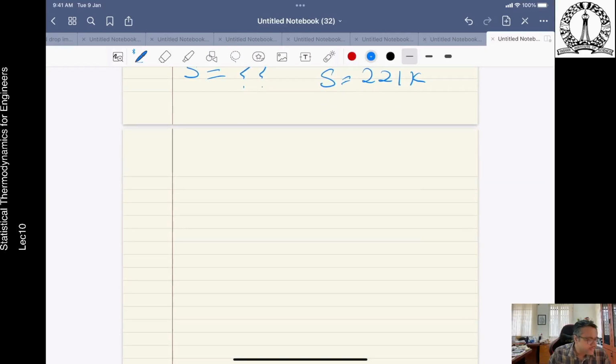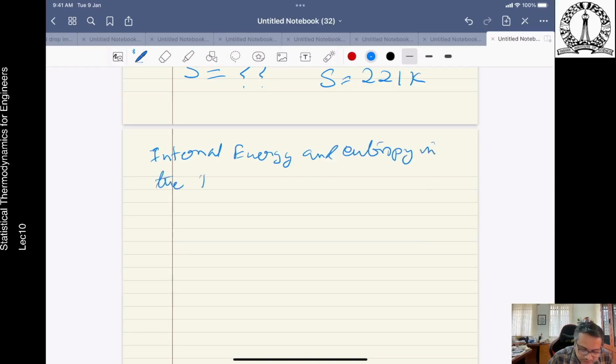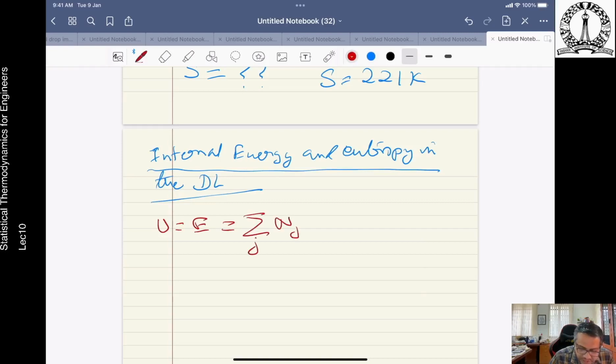Now let us find out a few other things: the internal energy and entropy in the dilute limit. As we know, U is equal to E, which is the summation over j of Nj Ej.